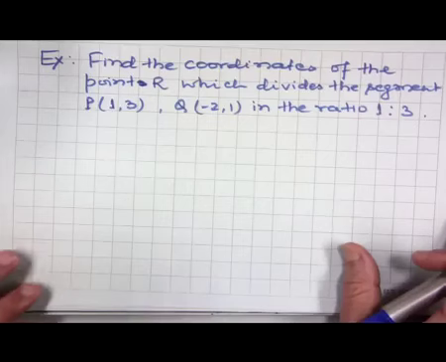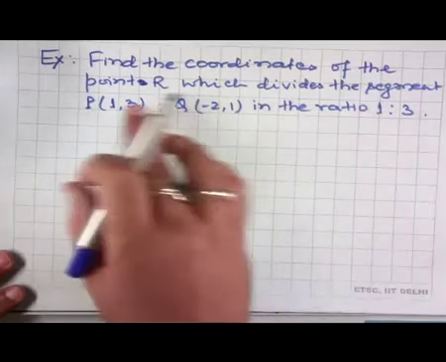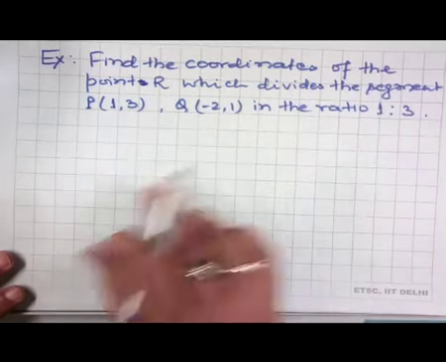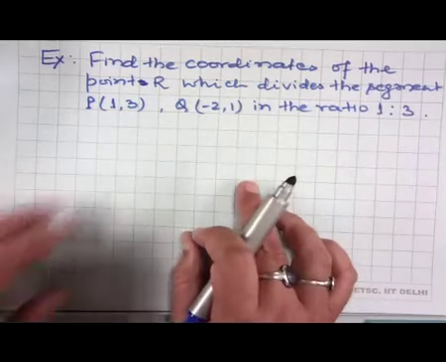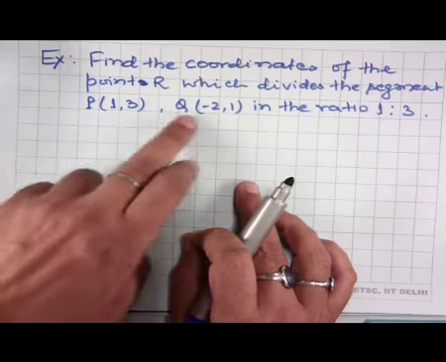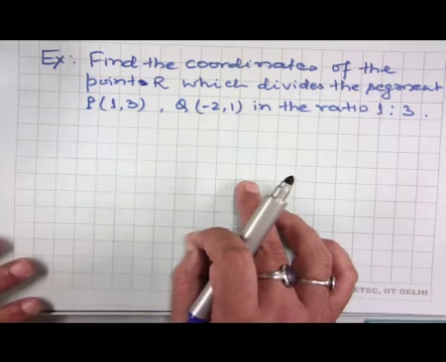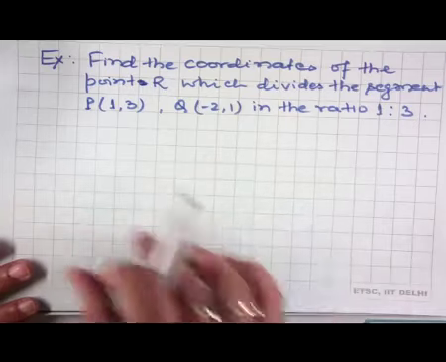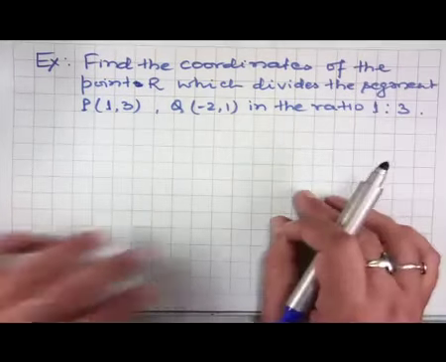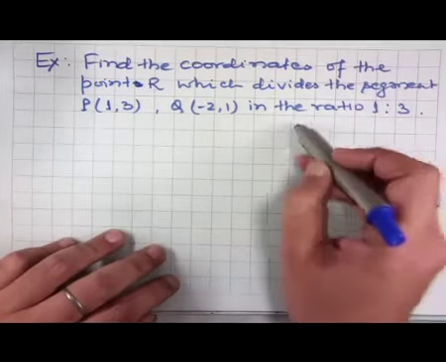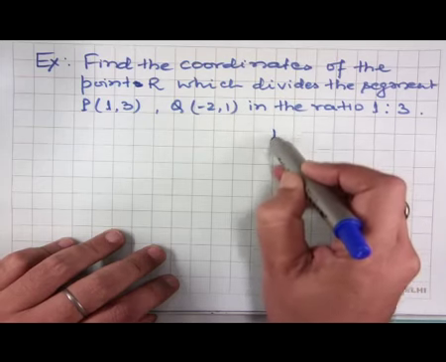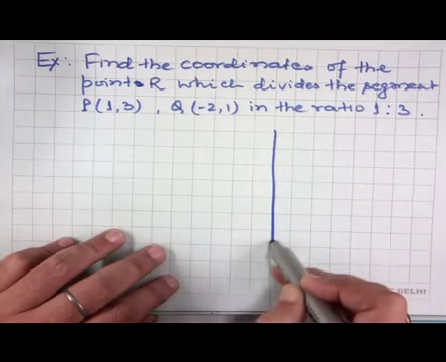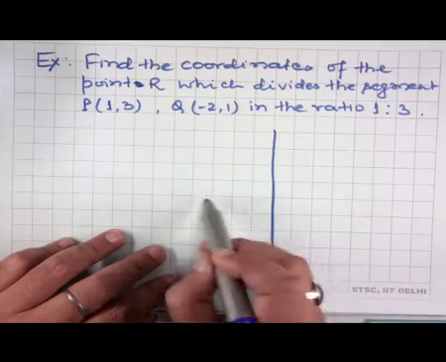Find the coordinates of the point R, which divides the segment P(1, 3) and Q(minus 2, 1) in the ratio 1:3. So just draw this line.